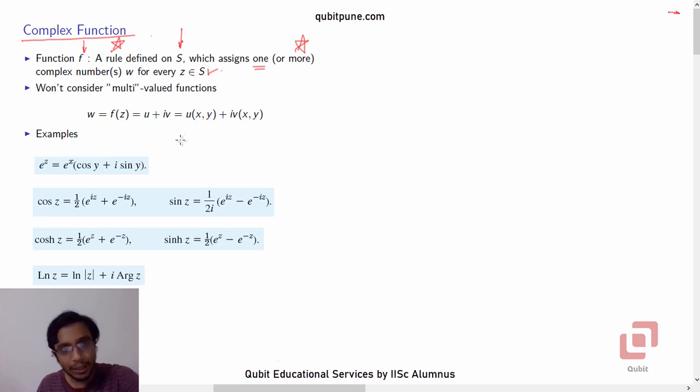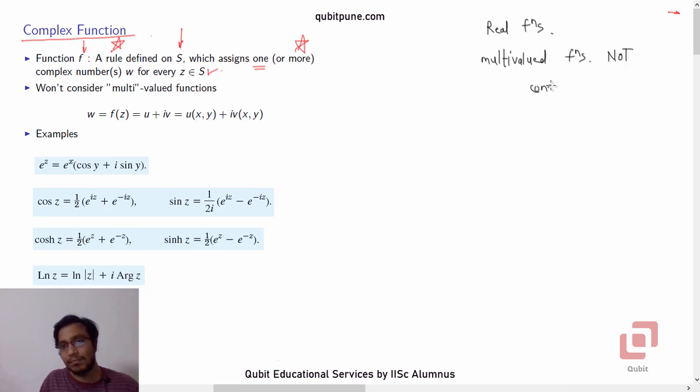Now, when we defined real functions, we did not consider multi-valued functions. Meaning we did not want the real number x to have two different images, image 1 and image 2.